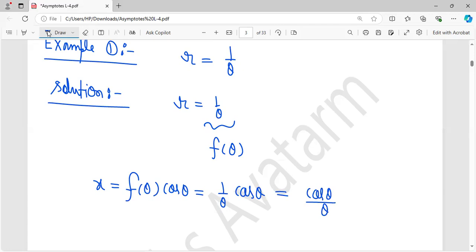And y is f theta sin theta, that is sin theta upon theta.